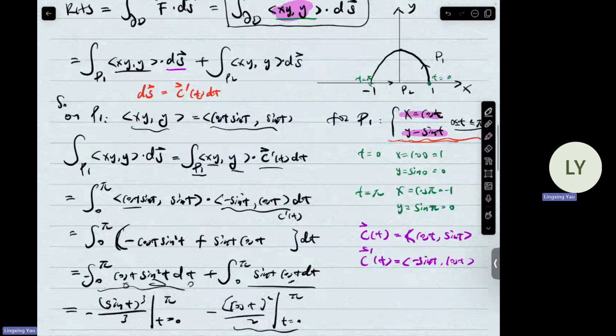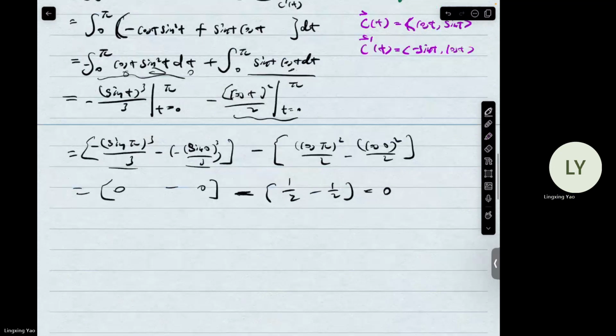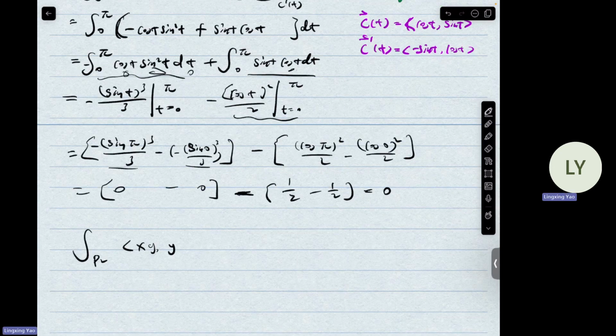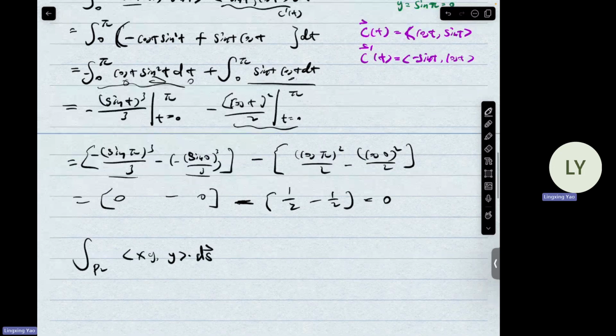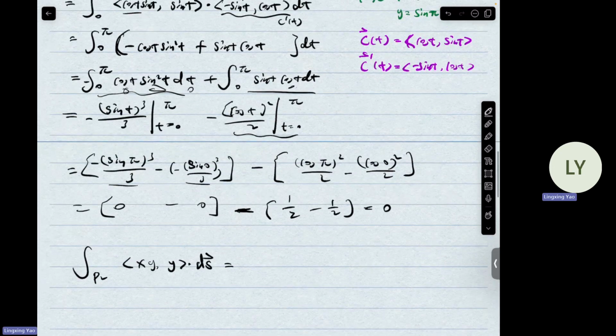And then we also need to have the part two. For the part two, we have this vector field. We need to evaluate this line integral.